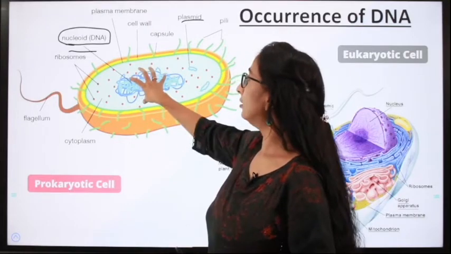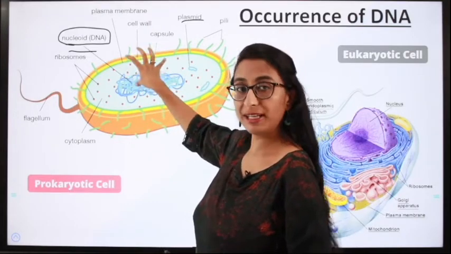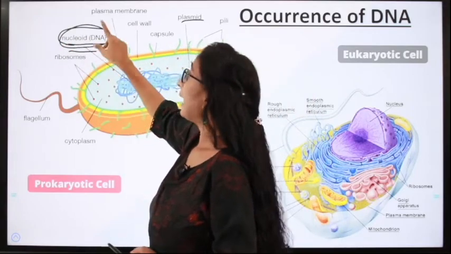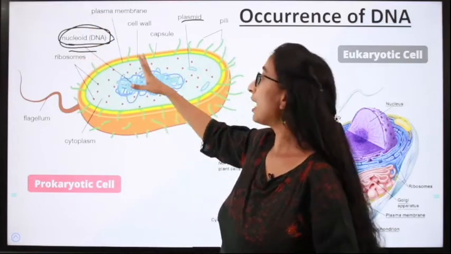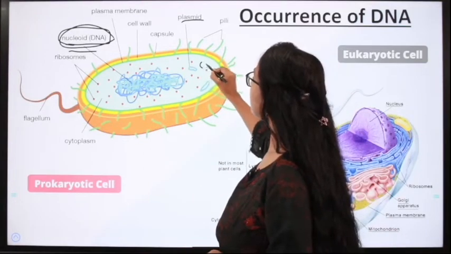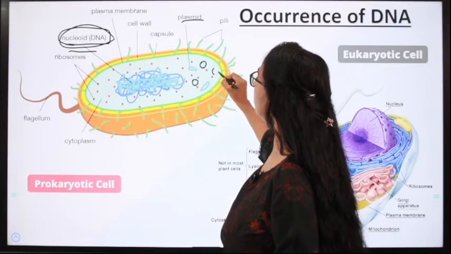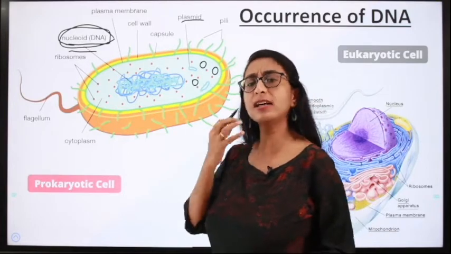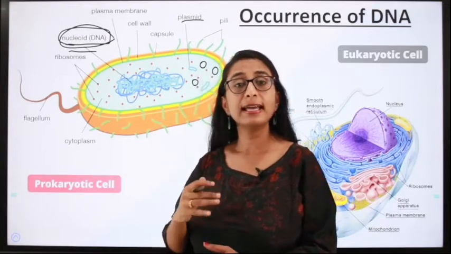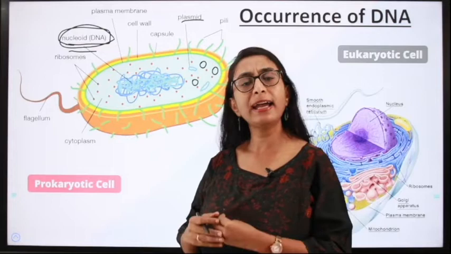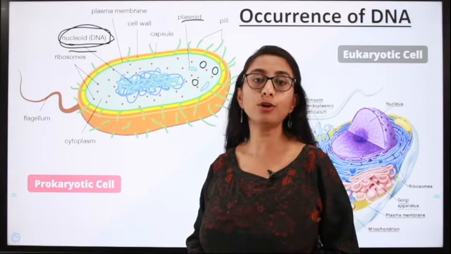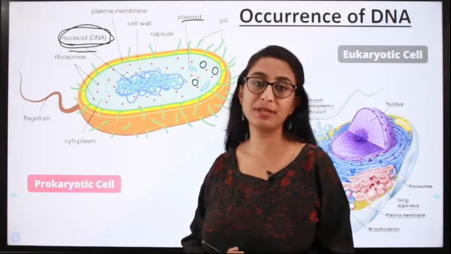So this is the DNA which is freely suspended in the cytoplasm and is called nucleoid DNA, and in addition to this we also have extranuclear DNA, appearing as circular DNA molecules in the bacterial cell. These circular DNA molecules are capable of self-replication, that is, they can replicate on their own, and they have been used as vector molecules in recombinant DNA technology or genetic engineering experiments.